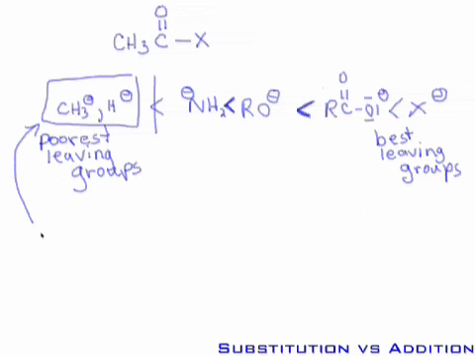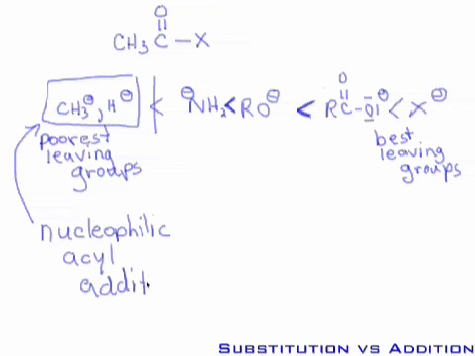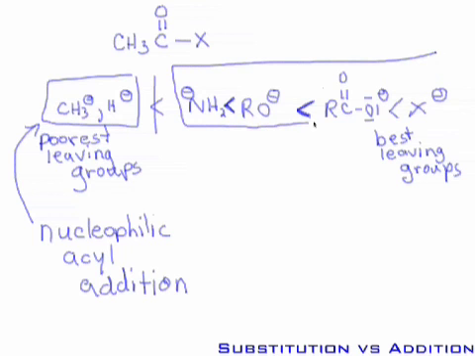So when a nucleophile attacks molecules where X is CH3, it's attacking the C double bond O, so it's attacking an acyl group: nucleophilic acyl. But because nothing leaves, it's called addition, nucleophilic acyl addition. All of the other carboxylic acid derivatives undergo a different mechanism.